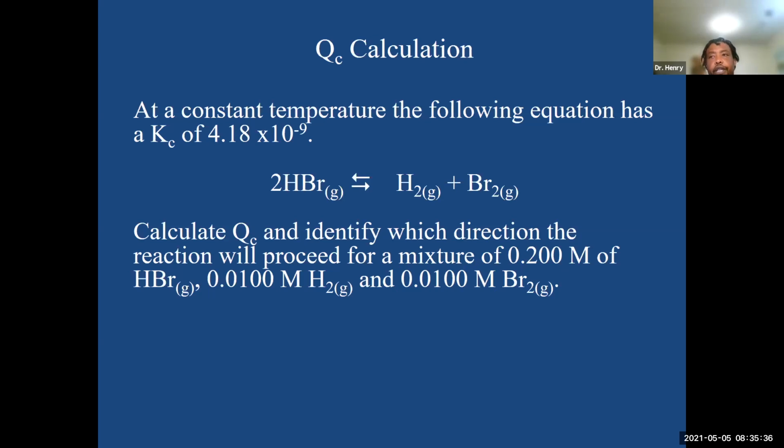Calculate Qc and identify which direction the reaction will be proceeding if the mixture is 0.200 molar hydrogen bromide gas, 0.0100 molar hydrogen gas, and 0.0100 molar bromine gas.